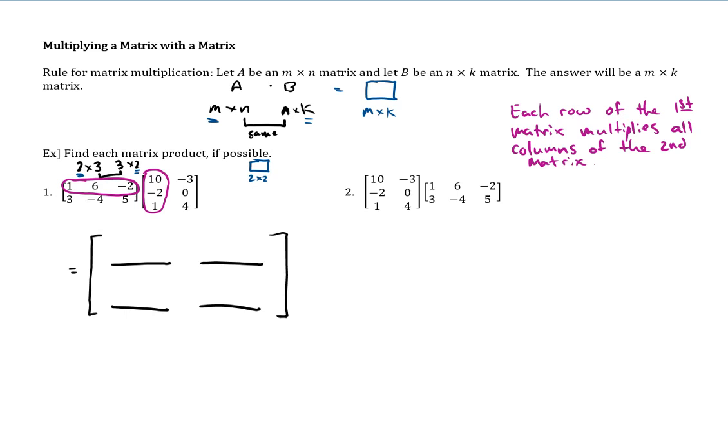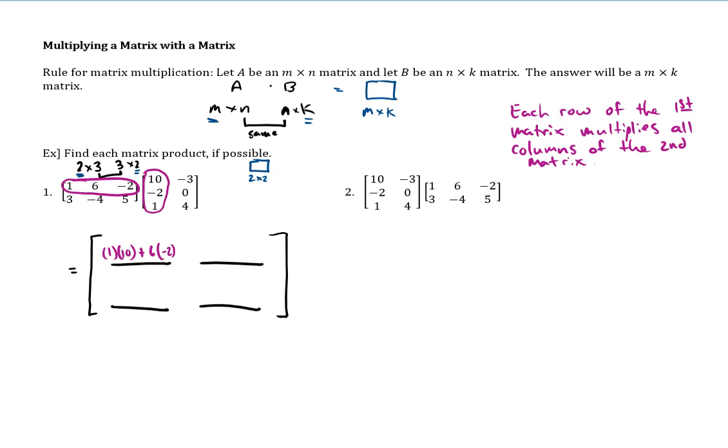When we multiply, the corresponding elements in this row multiply the corresponding elements in this column. So we will have 1 times 10, and it will go in this first spot right here. It will be addition in between, so plus the 6 times negative 2. And then plus negative 2 times positive 1.